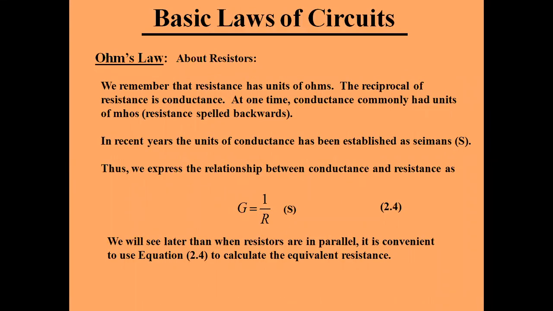You remember that resistance has units of ohm. The reciprocal of resistance is called the conductance. At one time, conductance commonly had units of mhos, which is ohm spelled backwards. In recent years, the unit of conductance has been established as Siemens.